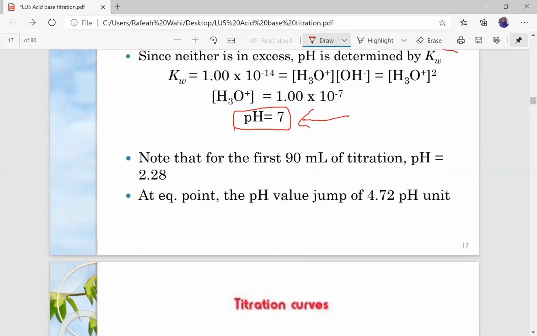So you don't have to calculate the pH using the excess hydronium ion formula. You just put that at the equivalence point, the pH is 7.